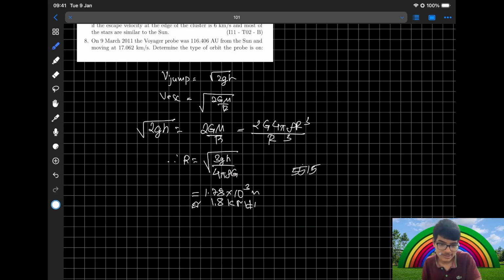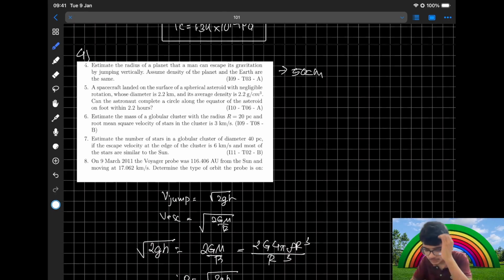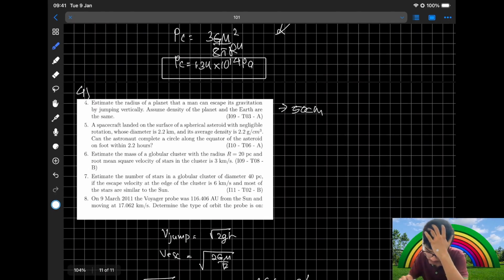So crazy. Now, another question that we do have: a spacecraft landed on the surface of a spherical asteroid with negligible rotation, whose diameter is 2.2 kilometers, and its average density is 2.2 grams per cubic centimeter.